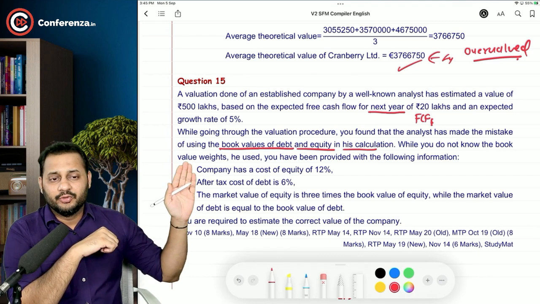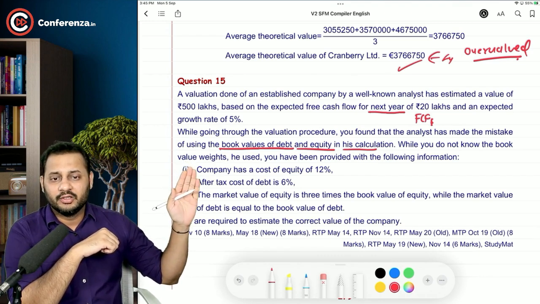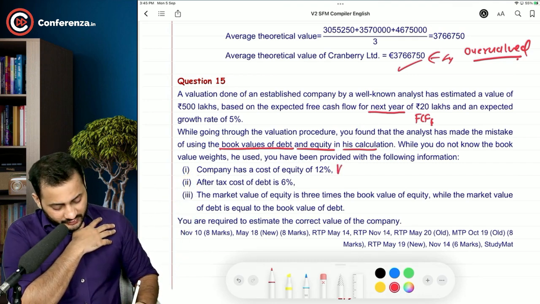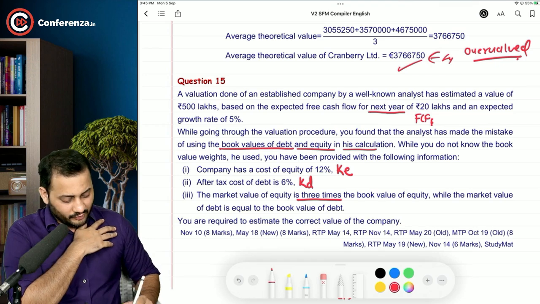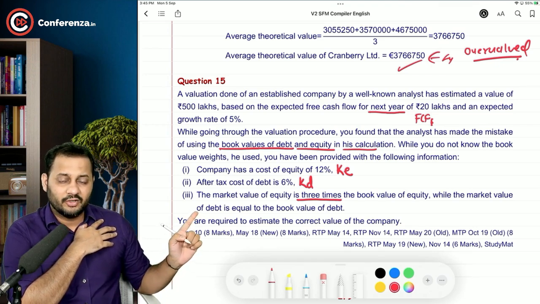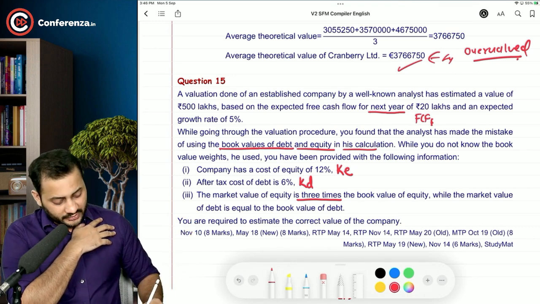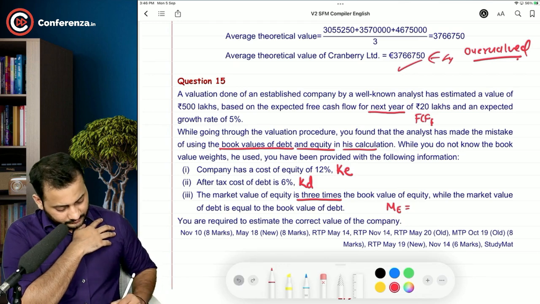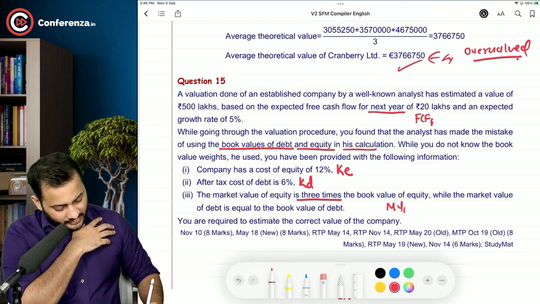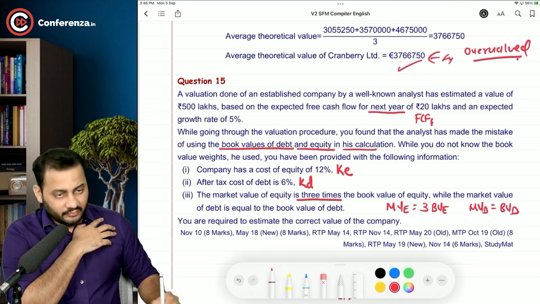You have been provided with the following information. The company's cost of equity is 12% and the cost of debt is 6%. The market value of equity is 3 times the book value of equity, while the market value of debt is exactly equal to the book value of debt.